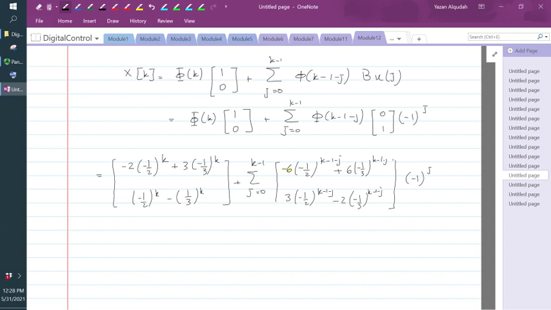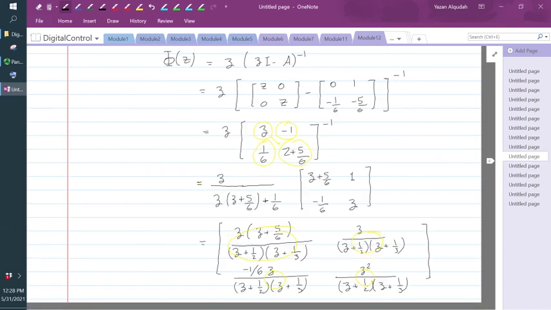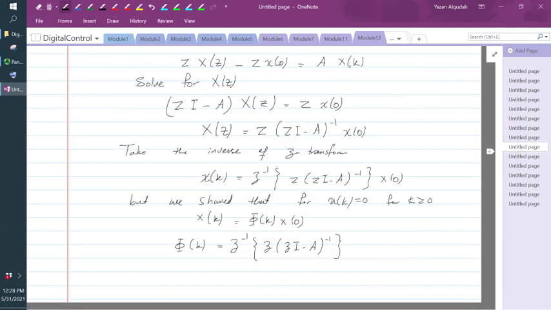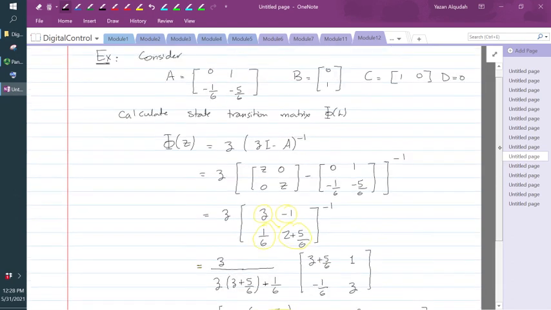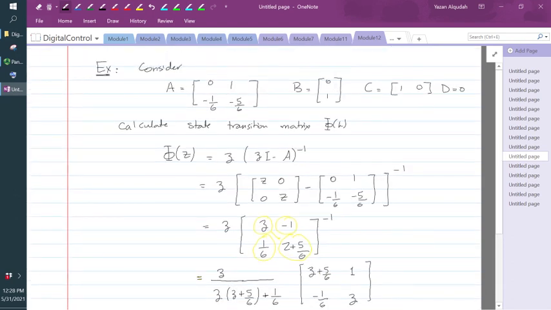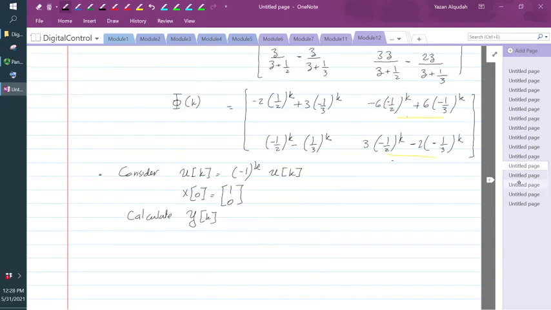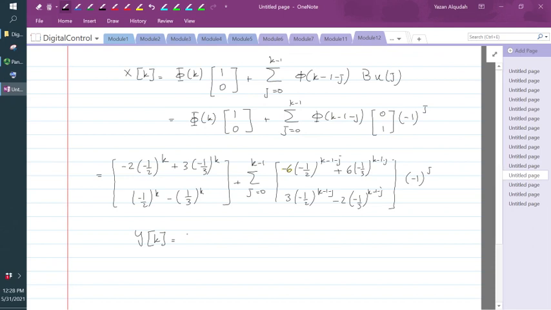Sorry, this gives me x of k using the state transition matrix. And of course I can calculate y of k, and y of k is going to equal, as at the beginning of the example, c multiplied by x of k, and c was equal to 1, 0 multiplied by x of k.